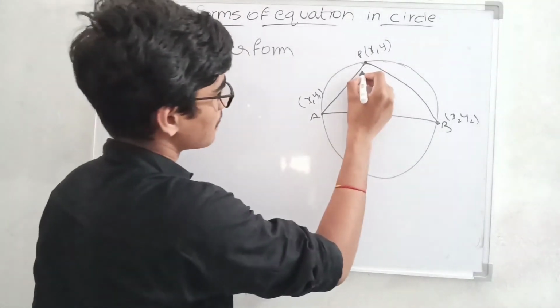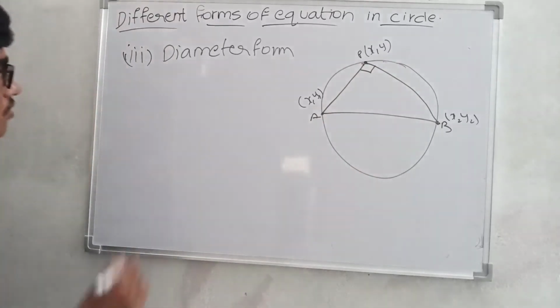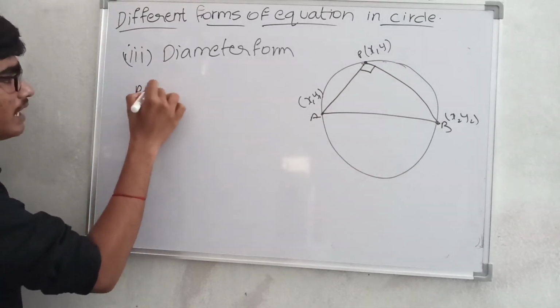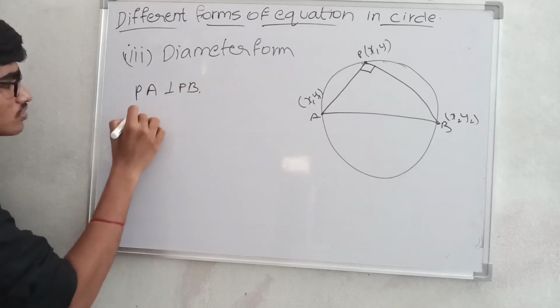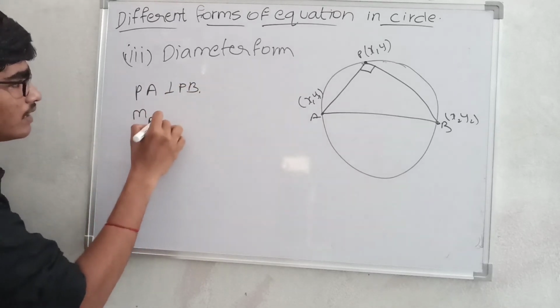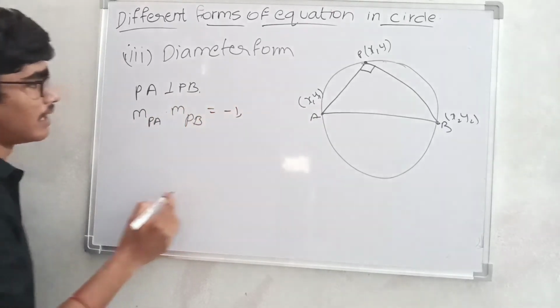Then this subtends a right angle. So we can write PA is perpendicular to PB. So slope of PA into slope of PB is equal to minus 1.